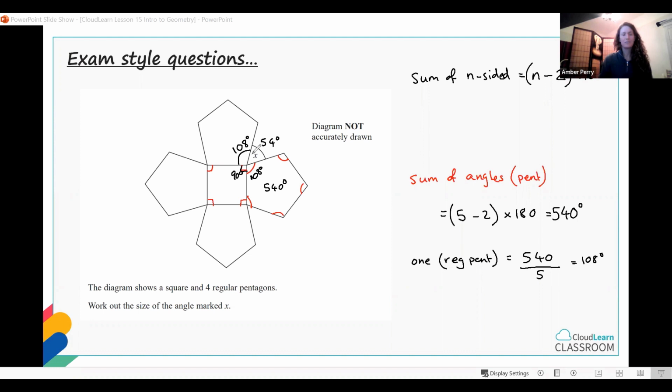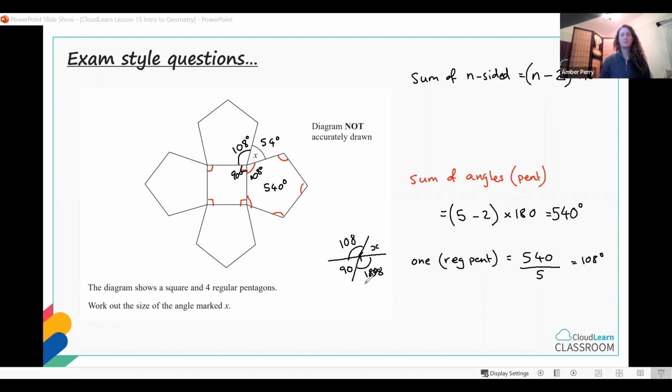So we have got these angles are all at a point. Okay, we've got x there. Then we've got this one that we worked out to be 108. This one, like that, we worked out to be 108. 108, 108. And then this one was 90. So those all add up to 360.